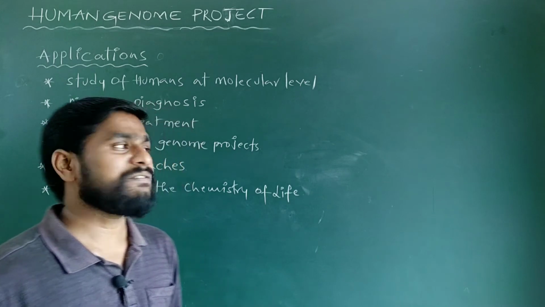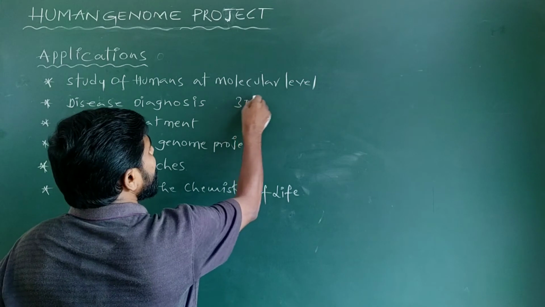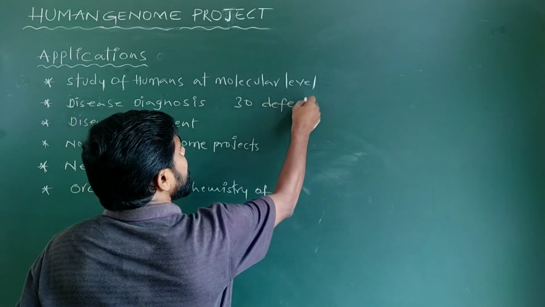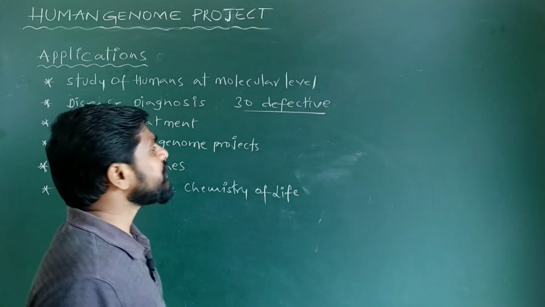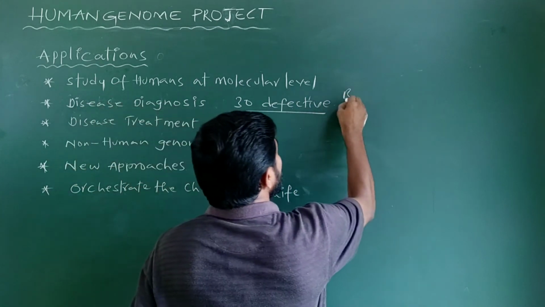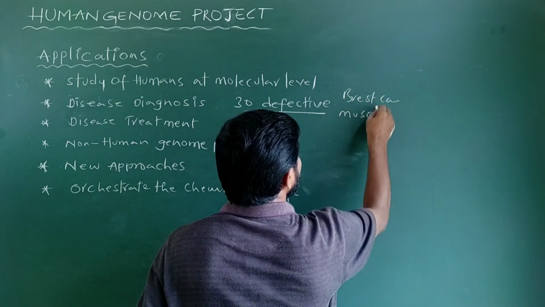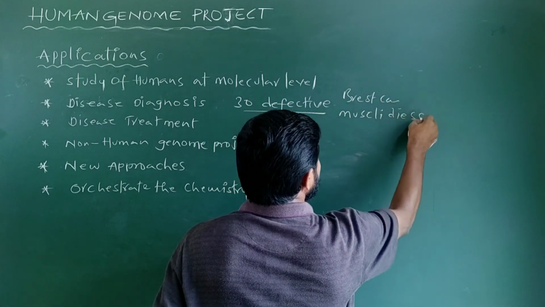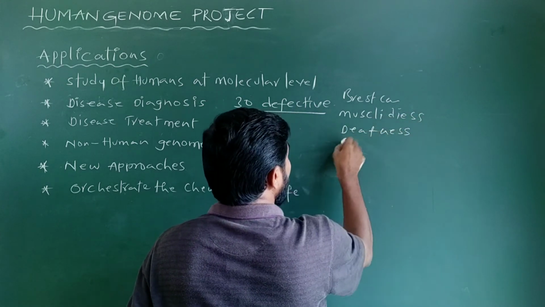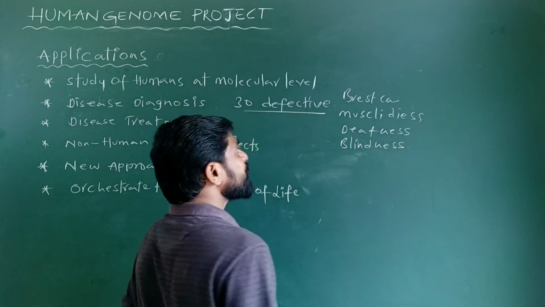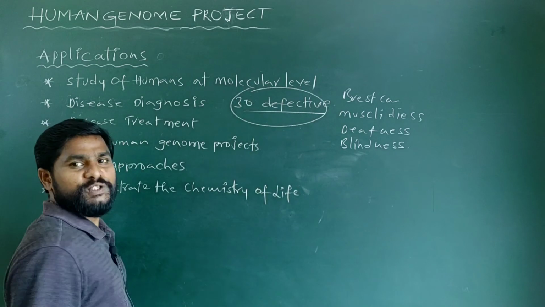Having the knowledge of sequencing of genomes, till now over 30 defective genes have been traced in the human genome associated with diseases such as breast cancer, muscle diseases, deafness and blindness. So this is what we have achieved through the Human Genome Project.